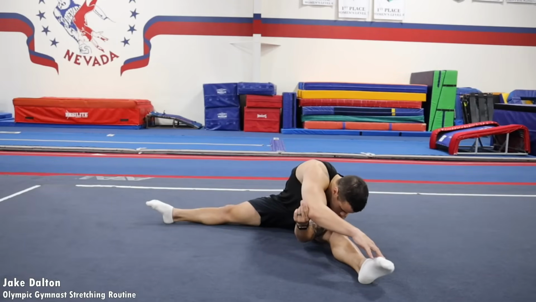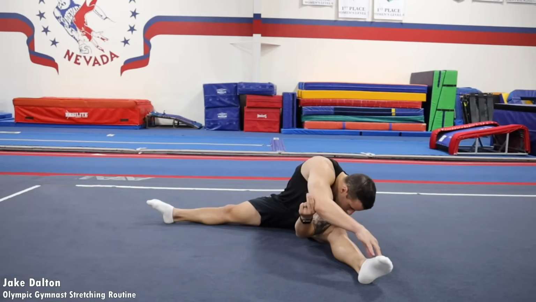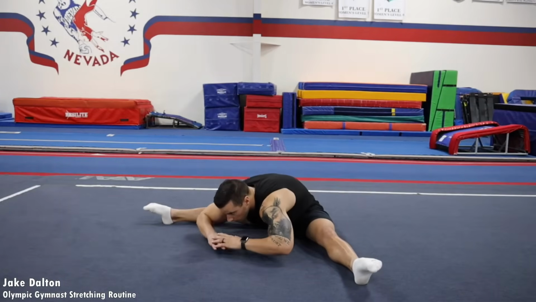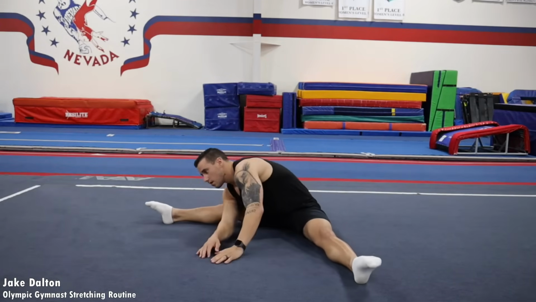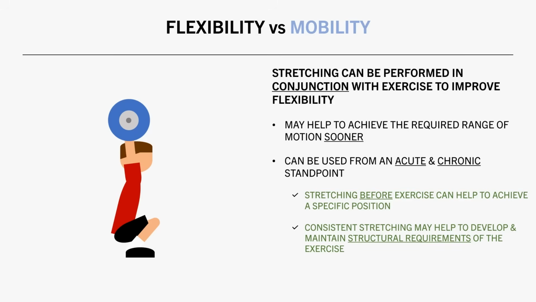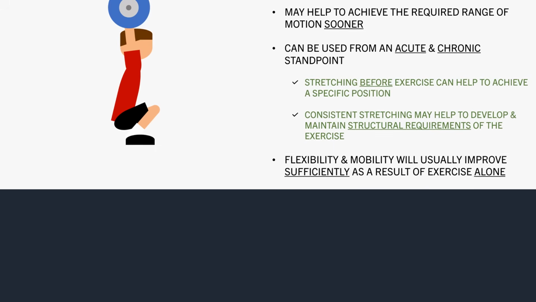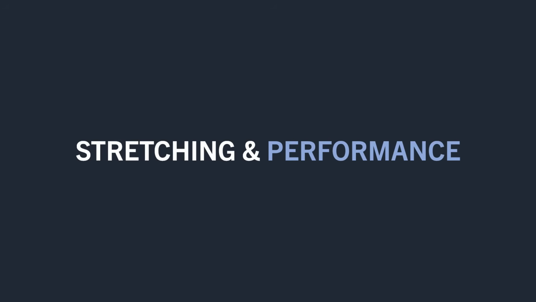For example, a gymnast may perform a regular stretching routine to help develop and maintain a high level of flexibility, since it is beneficial for their sport. However, this is probably only really required for fairly extreme exercise. In most cases, people will have enough or develop enough flexibility and mobility for their required goals just from consistent practice of that exercise.